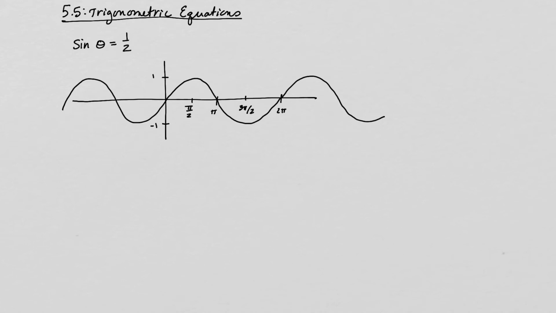So 1/2 is here, and I could draw the line y equals 1/2, and we're looking for all of these places where this pink line intersects the sine graph. And remember, the sine graph goes forever and ever, so there are an infinite number of solutions to the sine of theta being equal to 1/2.